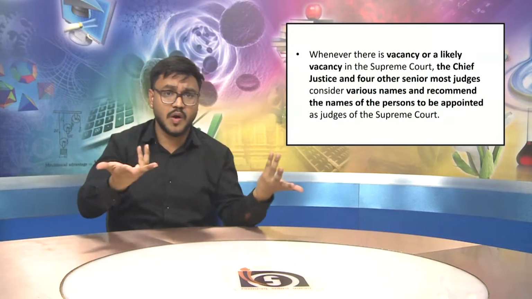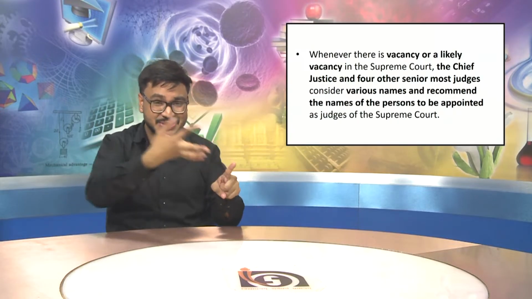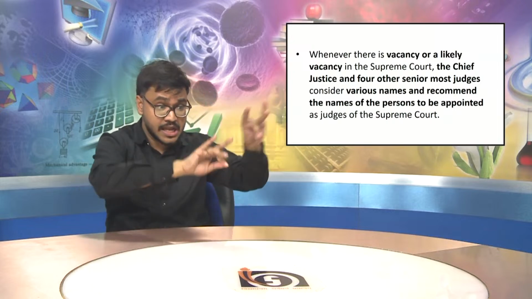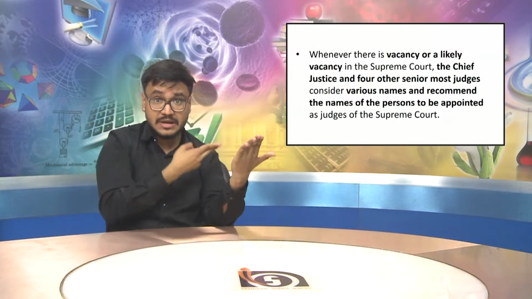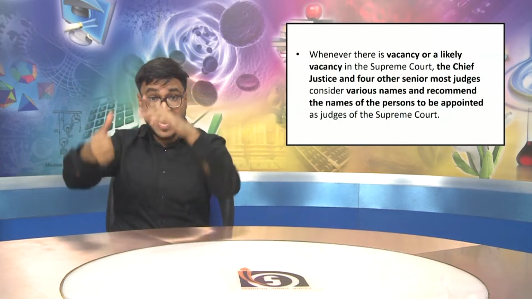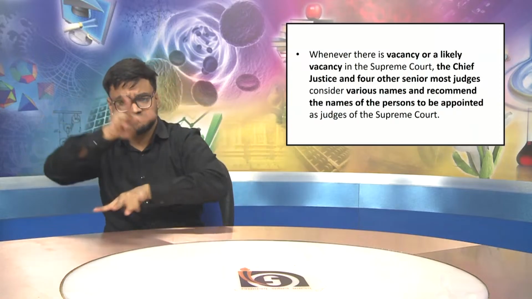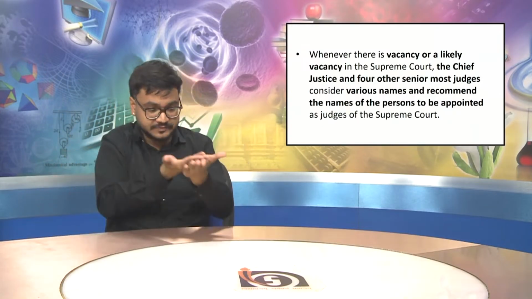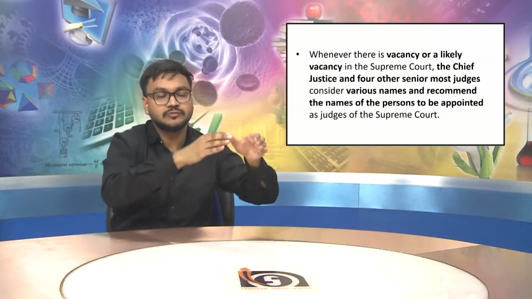Whenever there is a vacancy or a likely vacancy in the Supreme Court, the Chief Justice and 4 other senior most judges consider various names and recommend the names of the persons to be appointed as judges of the Supreme Court.